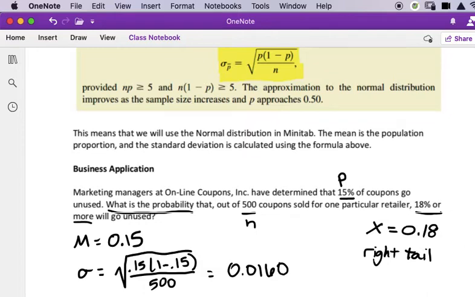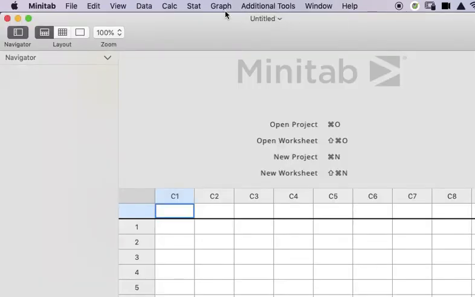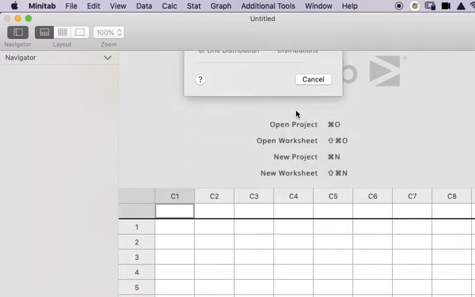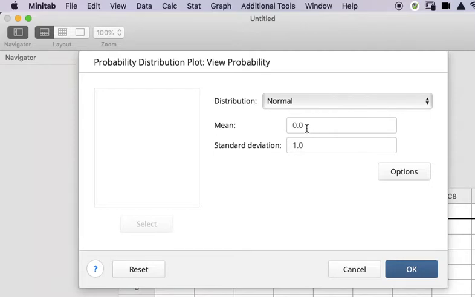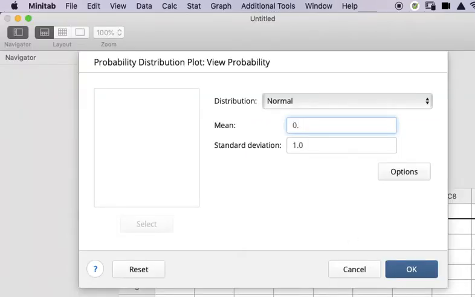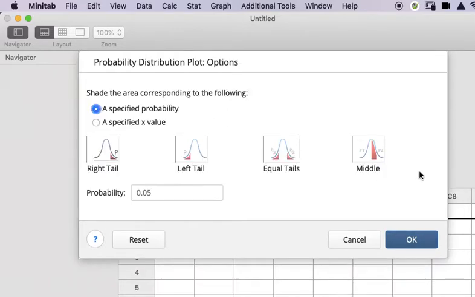So let's put this all into Minitab. Again, we're going to graph, probability distribution plot, and view probability just like we've been doing. So my mean was 0.15, standard deviation 0.0160. Then I click on options. I'm doing a specified X value, right tail, and my X value is 0.18.